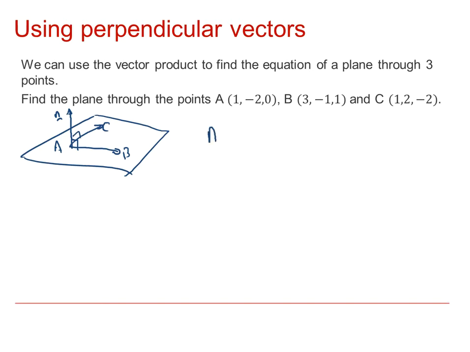Well, AB is B minus A, so that's (2, 1, 1), and the vector AC is C minus A, and that is (0, 4, -2).